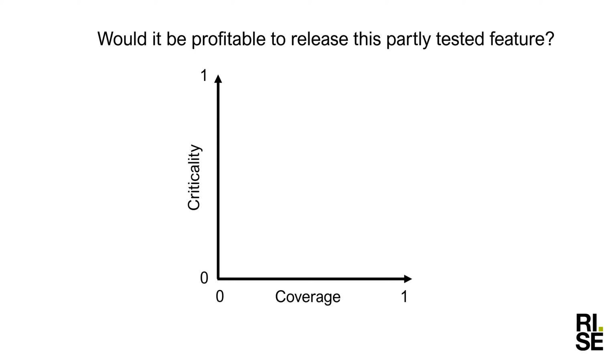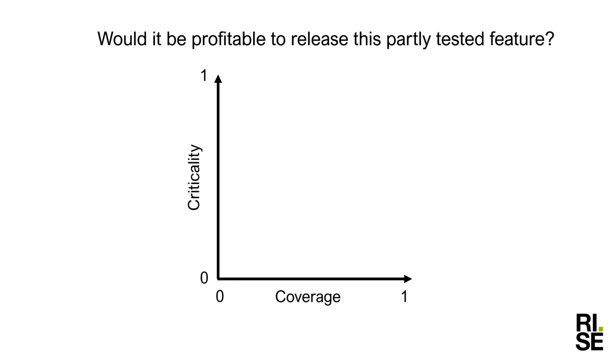Suppose you want to make predictions of whether or not it would be profitable to release a partly tested feature. So this is about the question of when to stop testing. And let this feature be represented by two variables here.